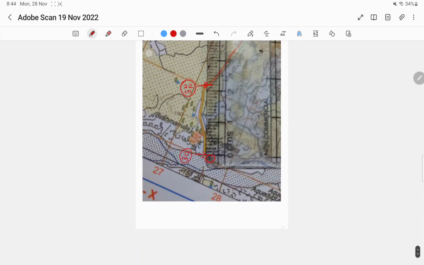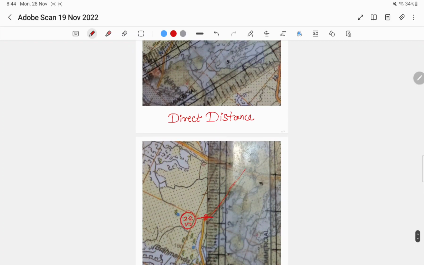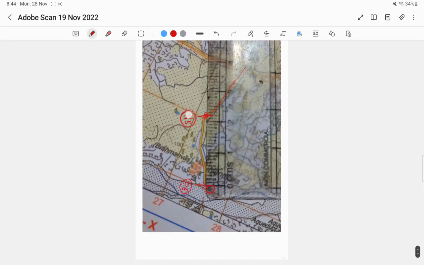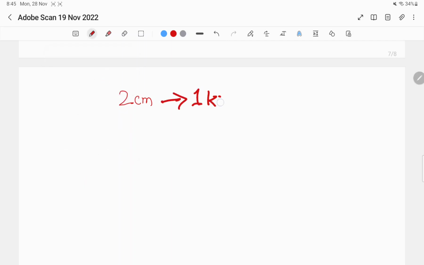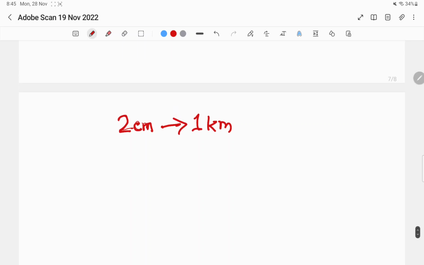Now the scale is already provided in the map: 2 centimeters is to 1 kilometer. So just by using the simple unitary method, let's find out how much 4.4 centimeters on the map will be in actual ground distance.